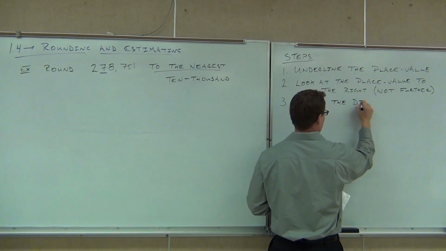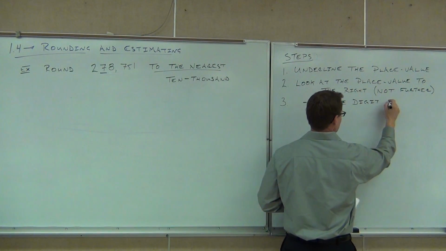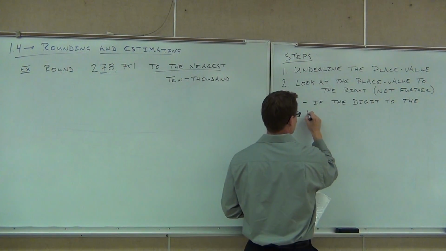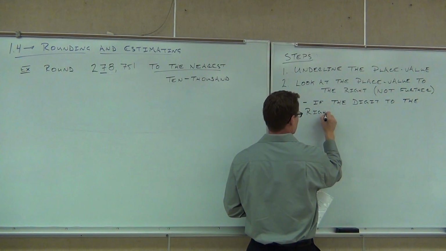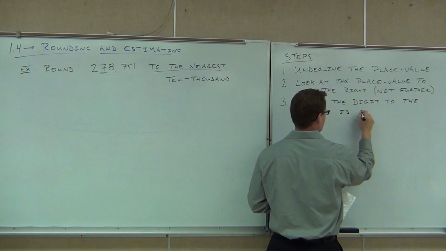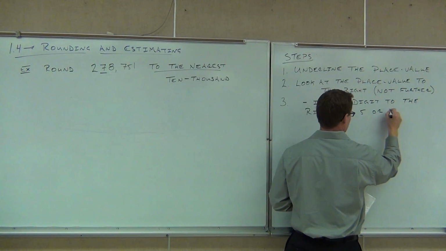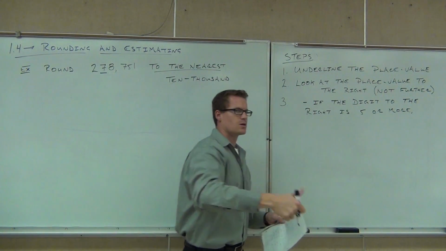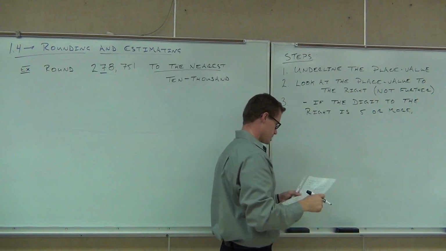If the digit to the right is 5 or more, we're going to raise our place value 1 unit.